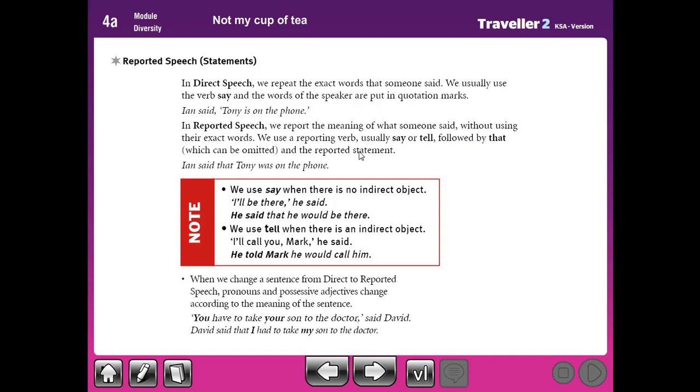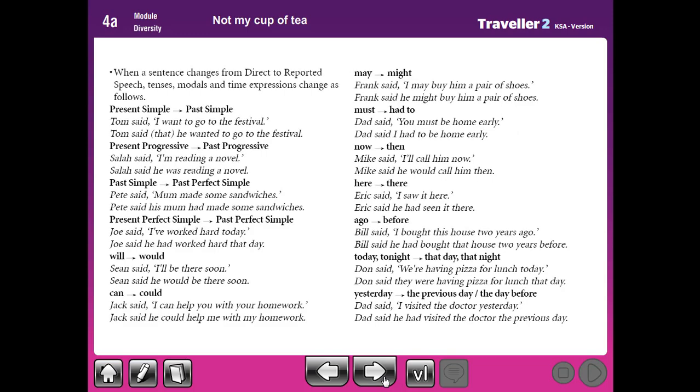So we report the sentence or report the statements he said. We have here the note relating to the reporting verbs say and tell, and we talked about that, right? When we change a sentence from direct to reported speech, pronouns and possessive adjectives change as well. So, this is what we talked about, changing the pronouns and the possessive adjectives, right?